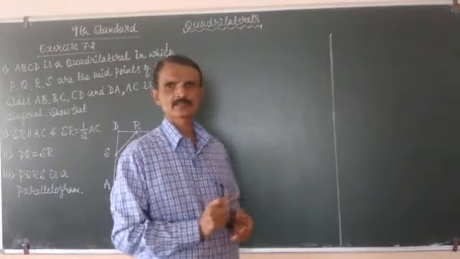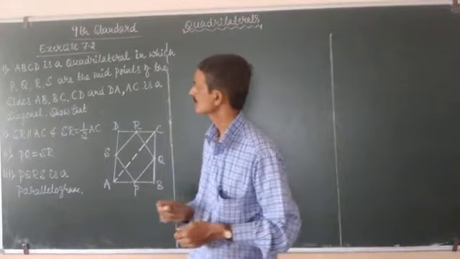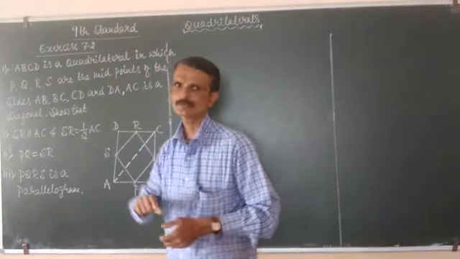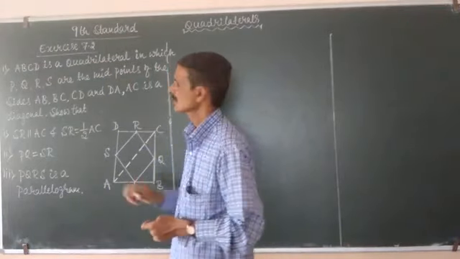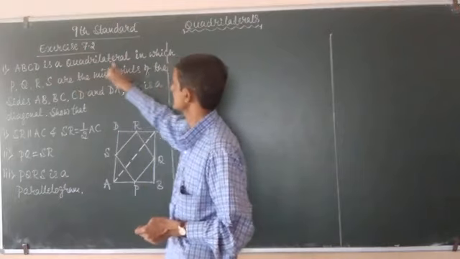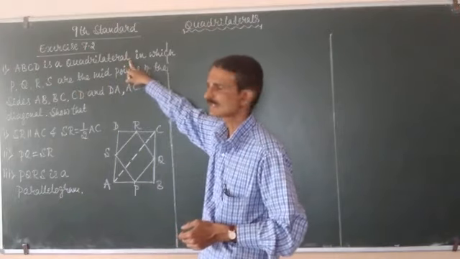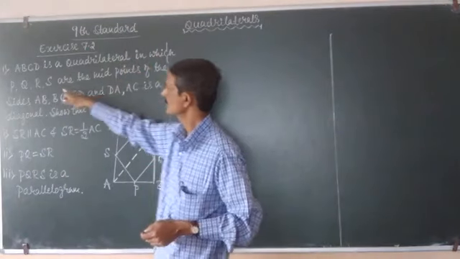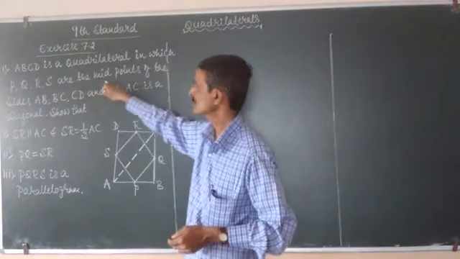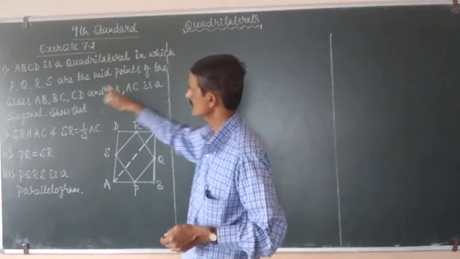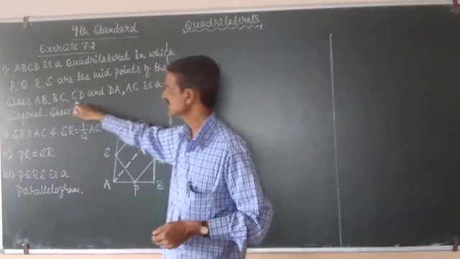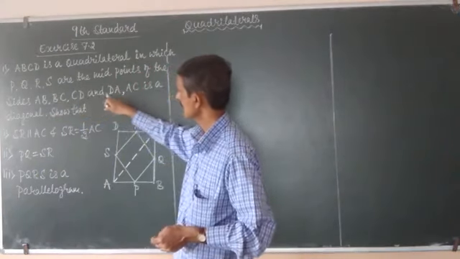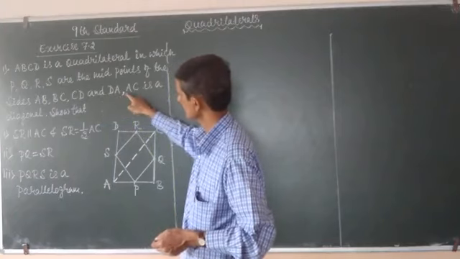Now students, we will take up the problem from exercise 7.2. In the figure, ABCD is a quadrilateral in which P, Q, R, S are the midpoints of the sides AB, BC, CD and DA.